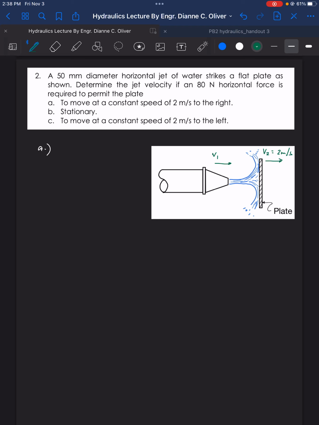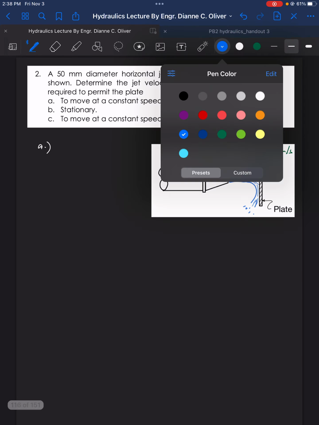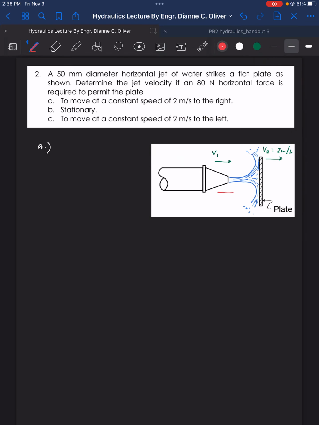And what else? Given a horizontal force of 80 Newton, F. So compute for V1. V2 here is positive 2 meter per second, indicating that it is moving to the right.